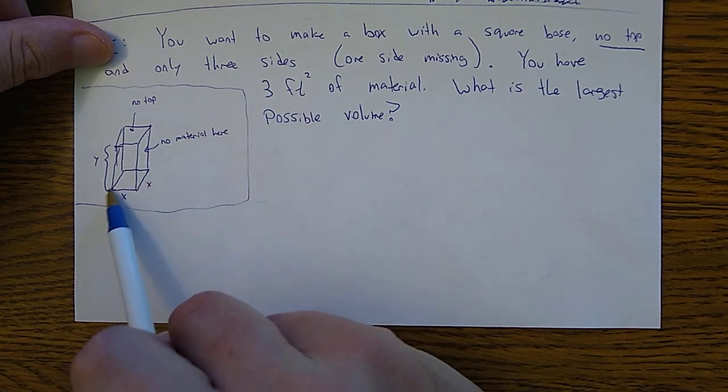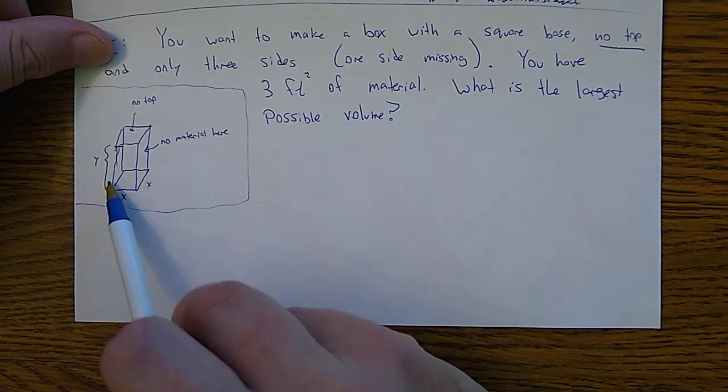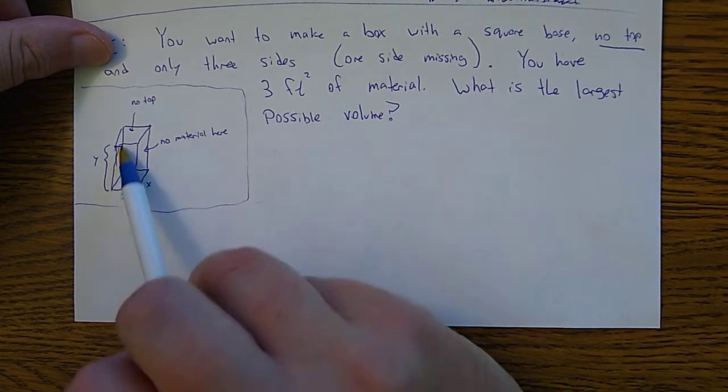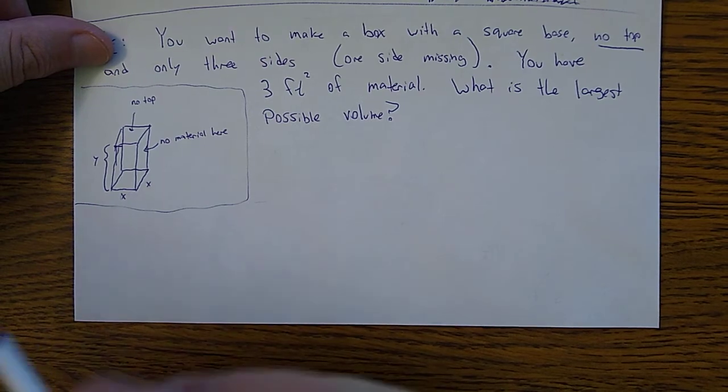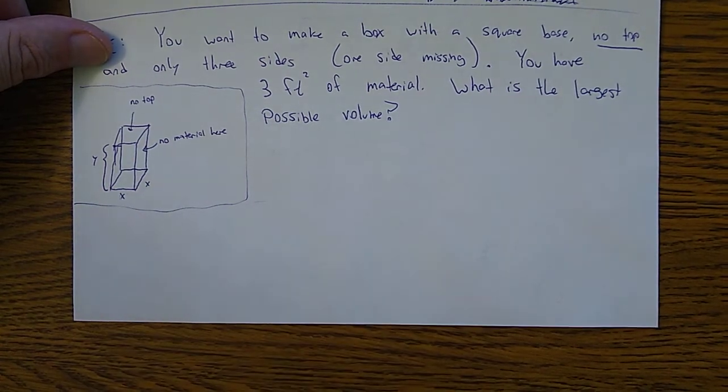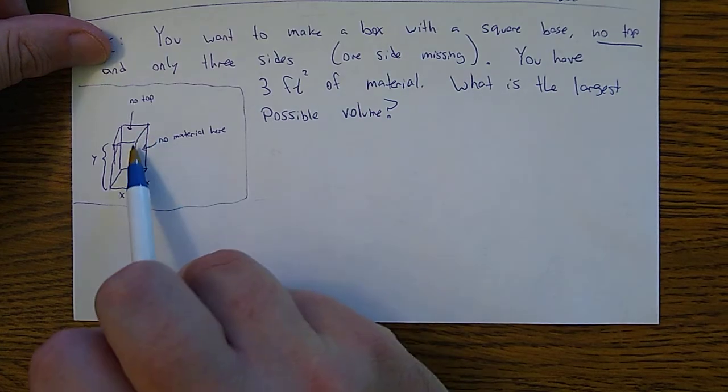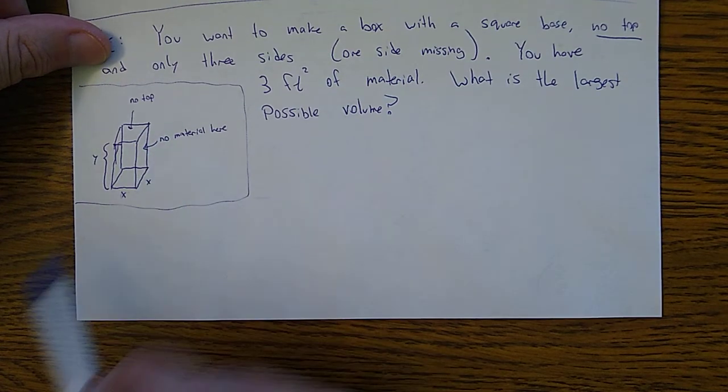It's the same length. That's a square base. But the height is not necessarily x. This isn't a cube necessarily, so the height could be different, but the base is a square. There's no top, and one of the sides is missing, so there's no material here.